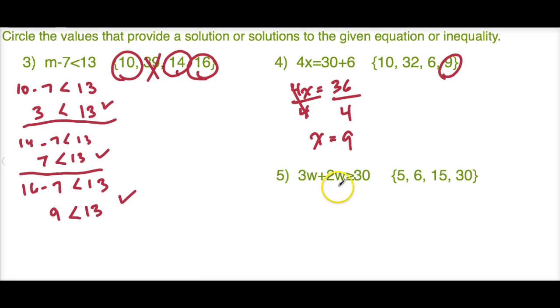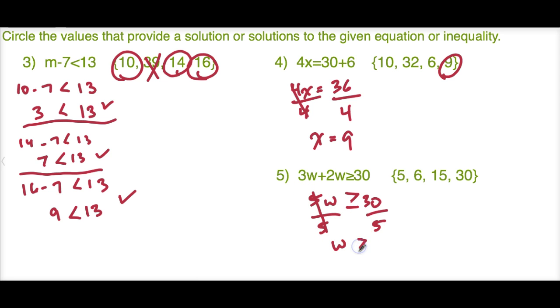For this one, I'm going to solve, again, like I did this one, unlike over here. So 3w plus 2w is 5w is greater than or equal to 30. Again, I'm going to isolate my variable by dividing by 5 because it's multiplying by 5 right now. So divide by 5, divide by 5. 5 divided by 5 cancels out because it's 1 and left with w.